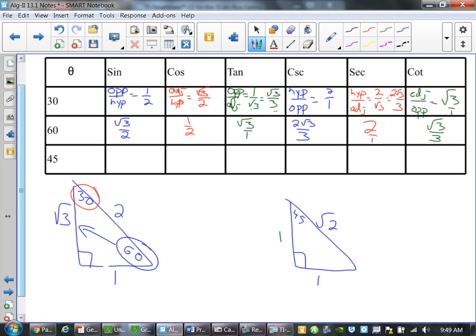Okay. Now, eventually, these are going to become ordered pairs throughout our unit circle. What the unit circle is built off of is 3 angles: 30, 60, and 45.